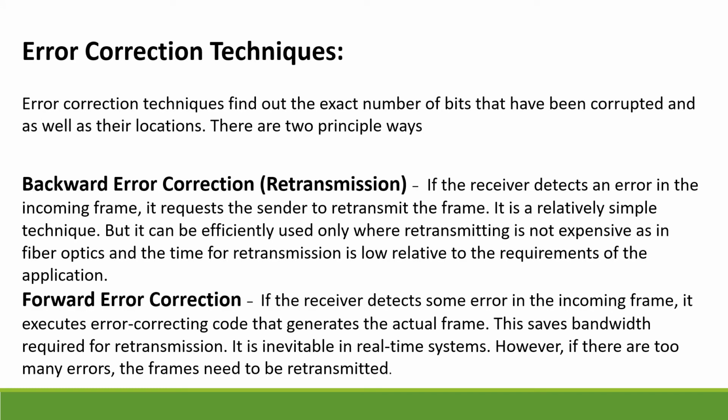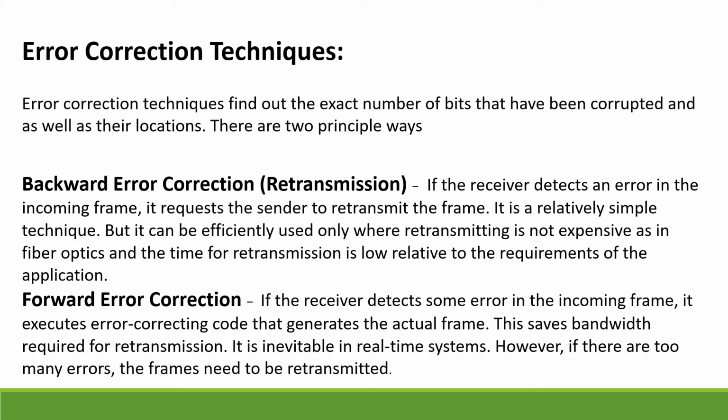Error correction techniques. Error correction techniques find out the exact number of bits that have been corrupted as well as their locations. There are two principal ways. Backward error correction, that means retransmission. If the receiver detects an error in the incoming frame, it requests the sender to retransmit the frame.